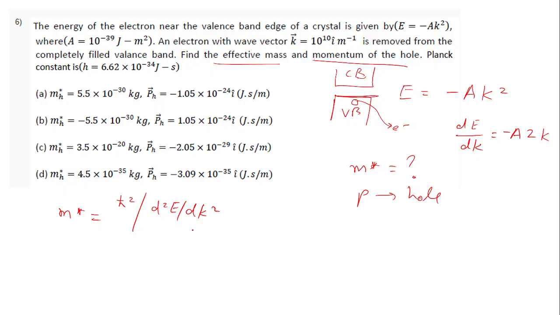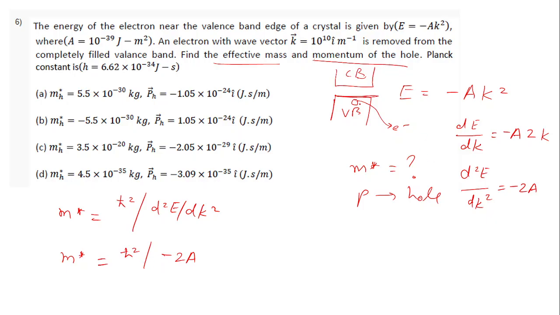I have to take one more derivative, so d2E by dk square: minus 2a is constant, derivative of k with respect to k will be 1. So this will be the final expression. Effective mass of electron is h bar square divided by minus 2a in the denominator.